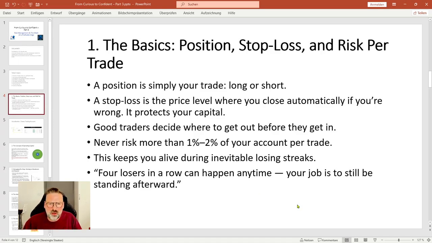So let's talk about the basics. What is a position? That is simply putting on your trade. And guess what, ladies and gentlemen? You can not only buy, you can also sell.